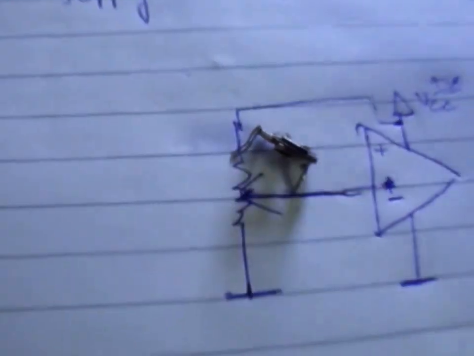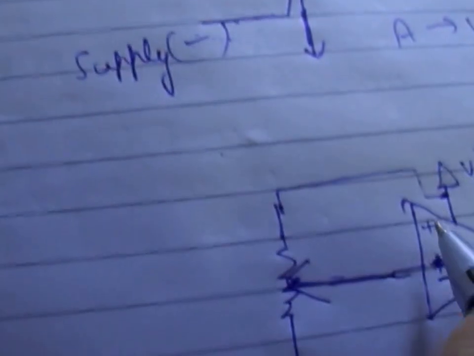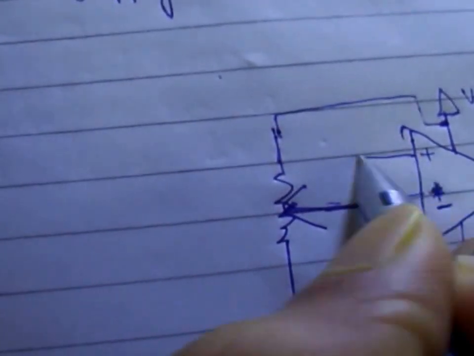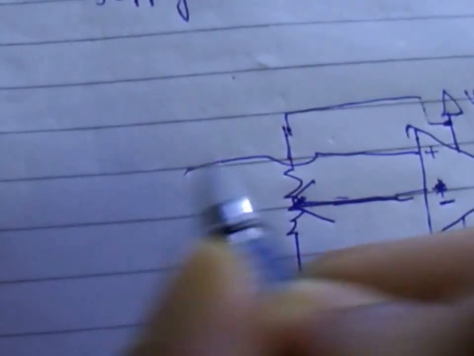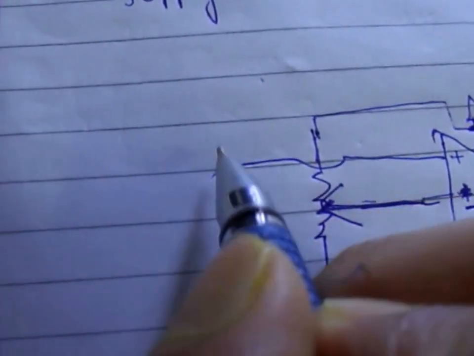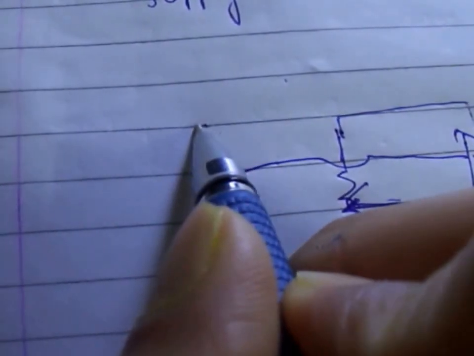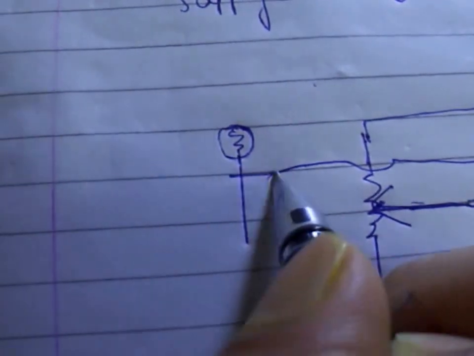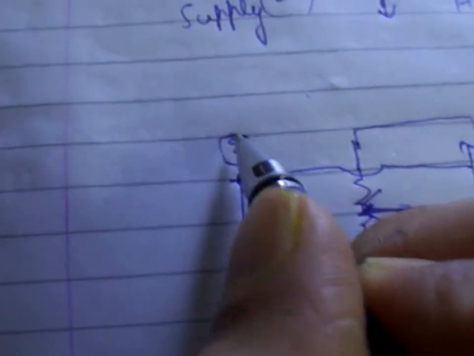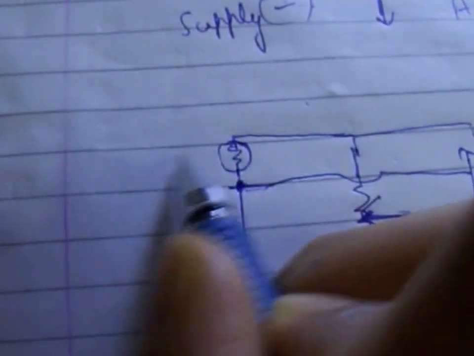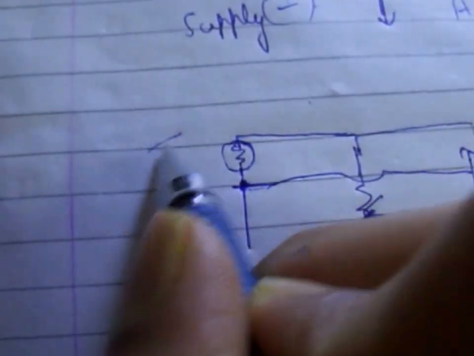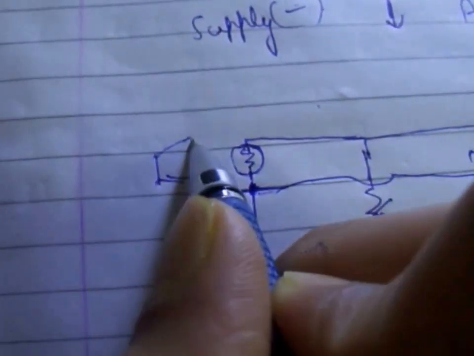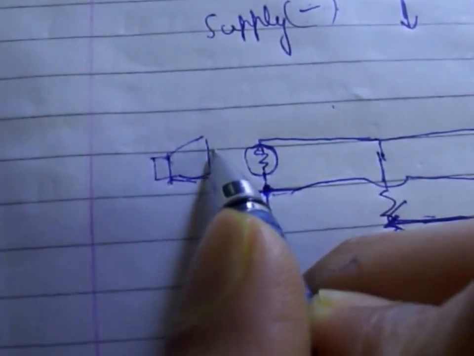Okay, now I will take out the next component, that is the sensor, and that will be an LDR. So what I'm going to do is, this is also a variable resistance, and I will model it like this.